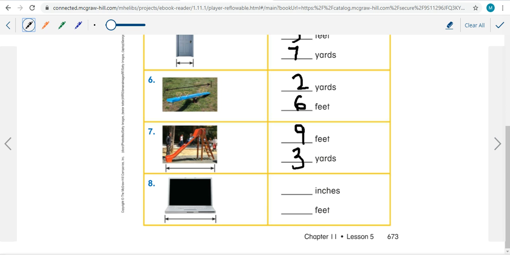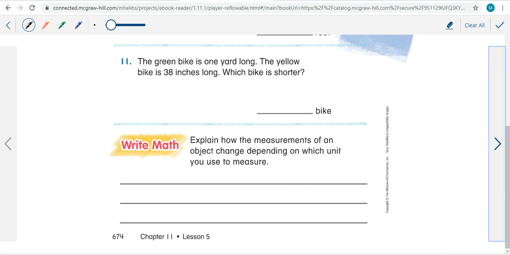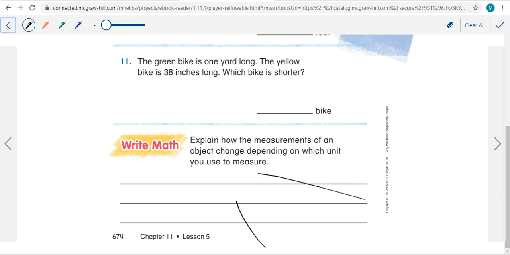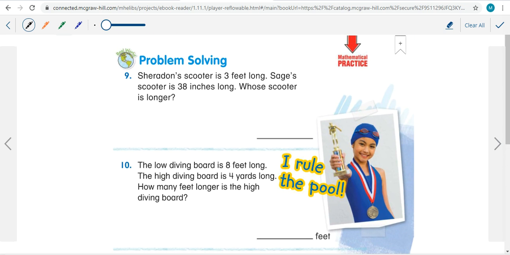How about a laptop? My laptop may be about 15 inches. That will be equal to about 1 foot. Why? Because 1 foot is only 12 inches. Next page.